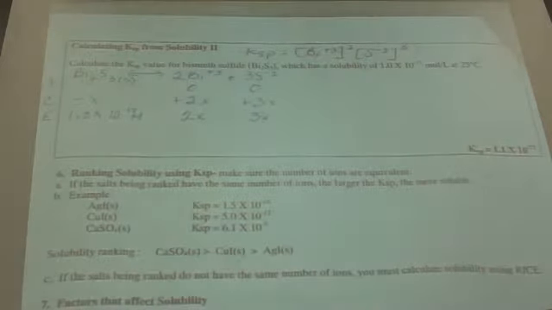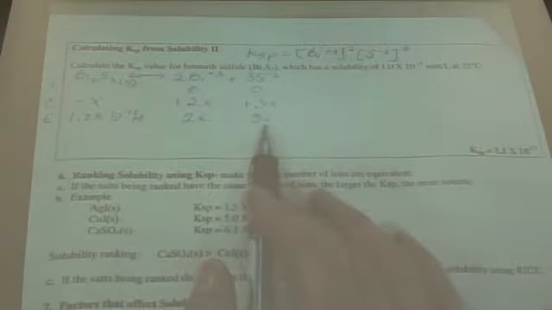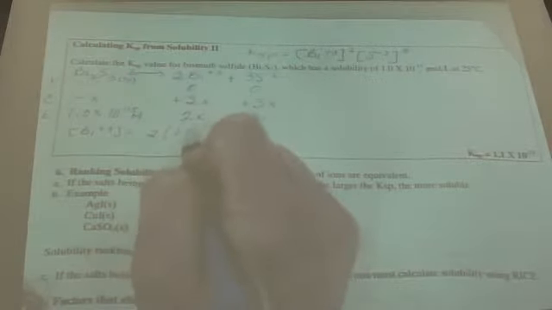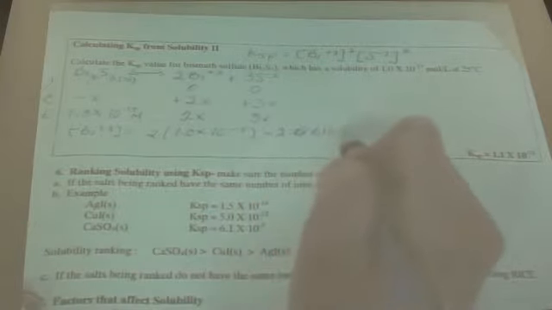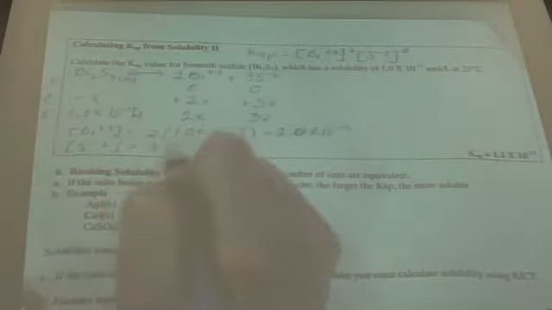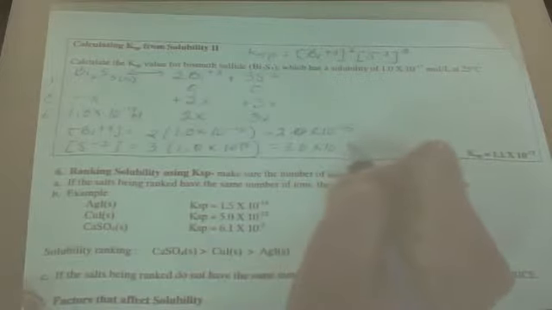In order for us to find KSP, we need to find the equilibrium concentrations of these two things. So for the bismuth, it's 2 times x, and for the sulfide, it's 3 times x.